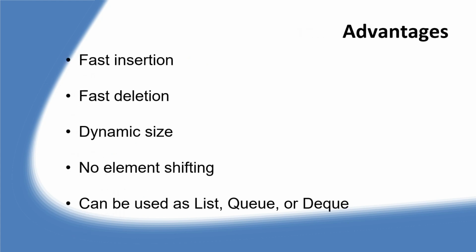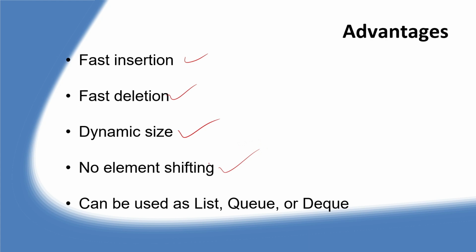So what are the advantages of the linked list? It provides efficient insertion and fast deletion. Why? Because by changing references, we can easily insert or delete a node in between. It grows dynamically, that's why it is dynamic in size, and no element shifting is required, as ArrayList requires element shifting.